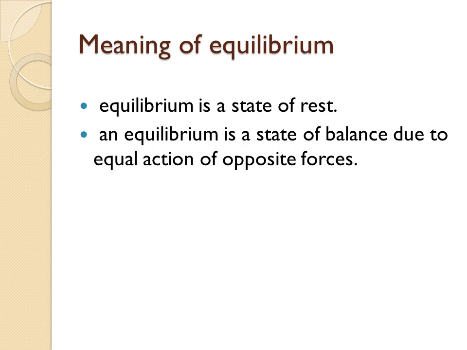An equilibrium is a state of balance due to equal action of opposite forces. For example, the price determination process. It is determined at that level at which consumers are willing to demand the same quantity of a good which producers are willing to supply.